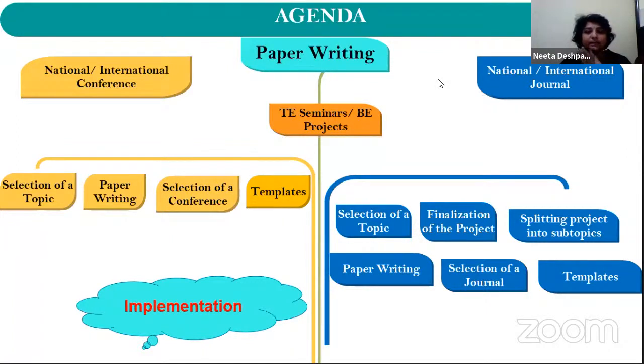Obviously, there are certain templates readily available for the conferences, and I will cover how you can submit your paper to a particular conference. The same goes for the journal as well. Normally, I would suggest that whatever is your seminar paper, try to submit it to a conference, and whatever is your project paper, try to submit it to a journal. So when you are doing your engineering, a minimum of 3 papers should come out.